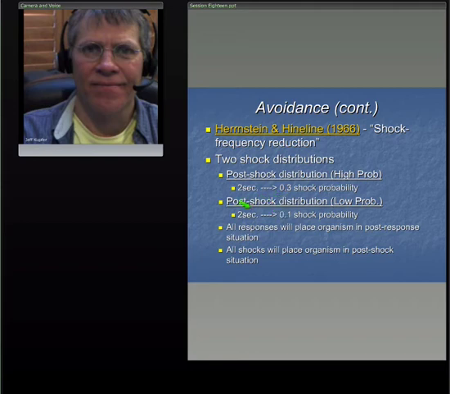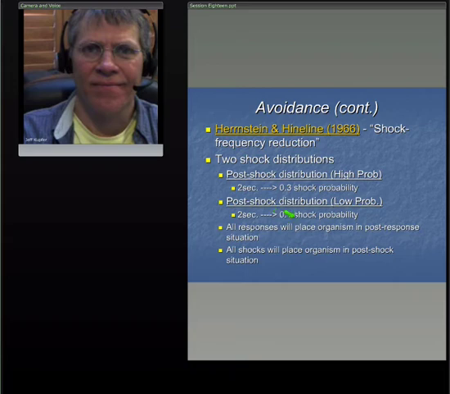Now, according to the way Hineline arranged this, any time a rat got shocked up here, he stayed up in this situation again and again. If the rat made an avoidance response, he shut off clock 1 and went down to clock number 2 and now got shocked less often. If the rat got shocked down here under this condition, he got bumped back up to the high probability clock, in which there was high frequency shock again.